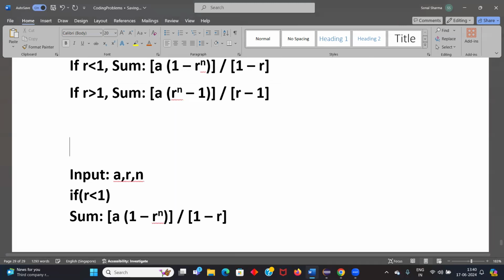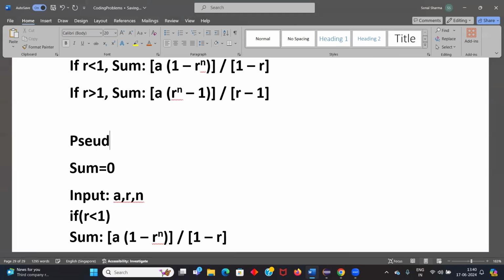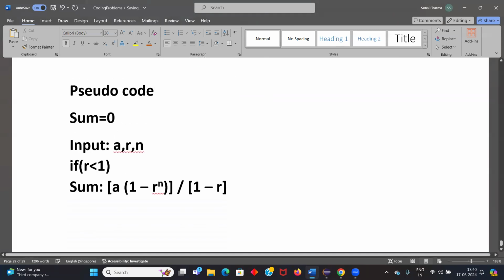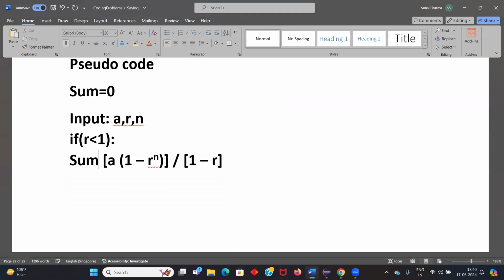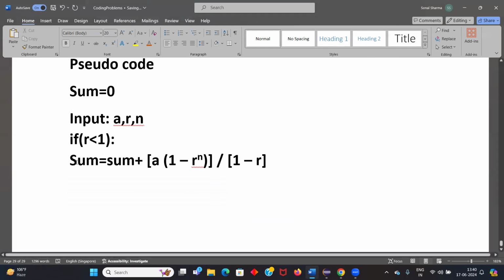Initially, I will put my sum as 0. So this is my input. Initially, my sum is 0 and my input is this. And if my R is less than 1, then my sum value will be sum plus this.